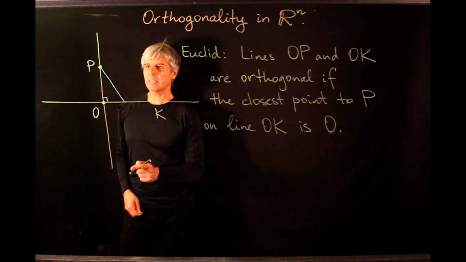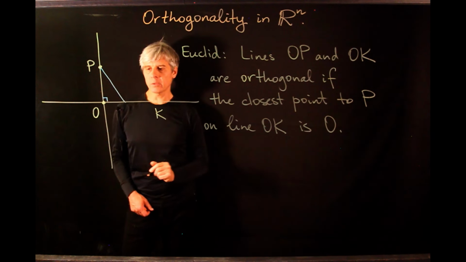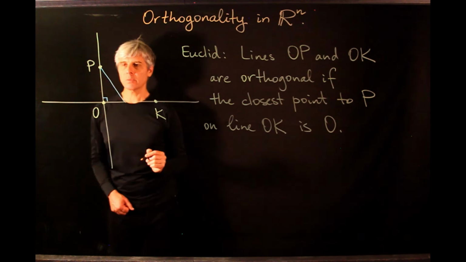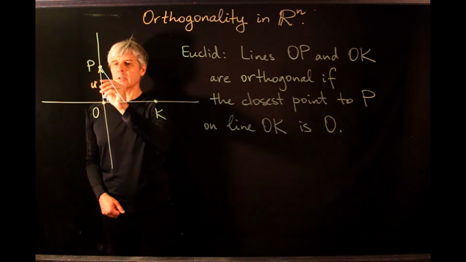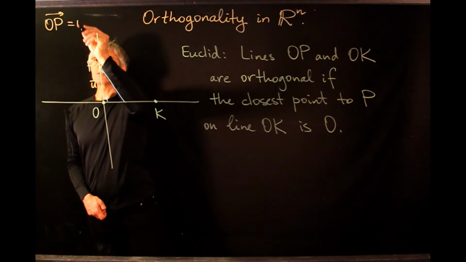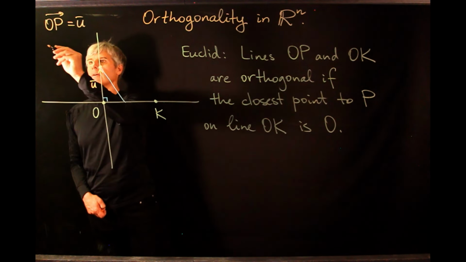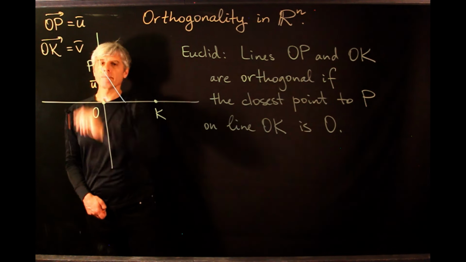Let's measure distances from point P to various points on the line OK. So for this, we introduce vectors. So suppose this vector OP, let's call it U, and vector OK, let's call it V.